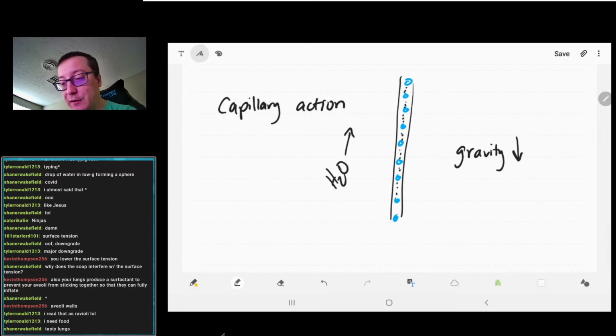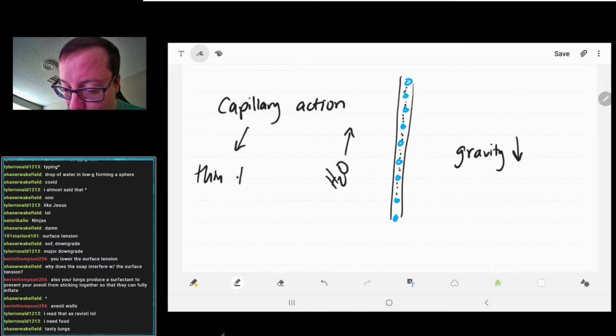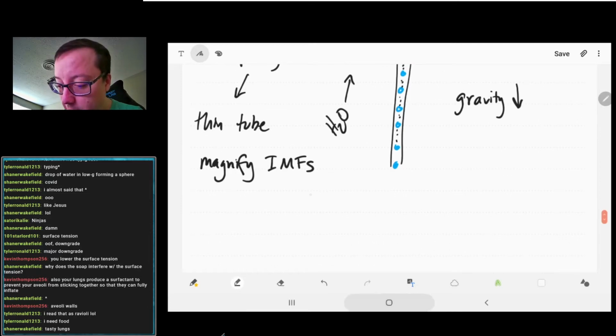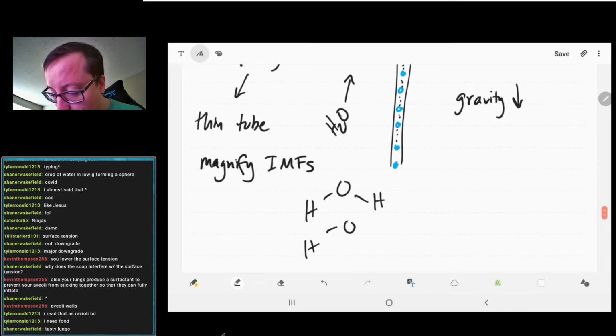The attractive force between the water in this thin tube, the thin tube kind of concentrates the IMF. So a capillary is basically a thin tube which will essentially kind of magnify intermolecular forces. So it kind of forces the water to stay in this lovely kind of shape.